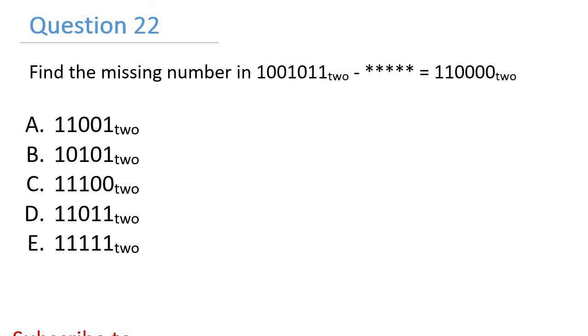Now, to get this value, this minus this will give us this. And this minus this will give me this. Then this plus this will give me this.